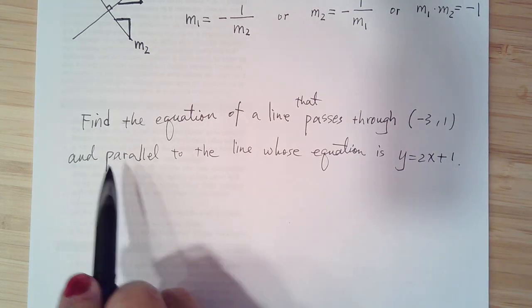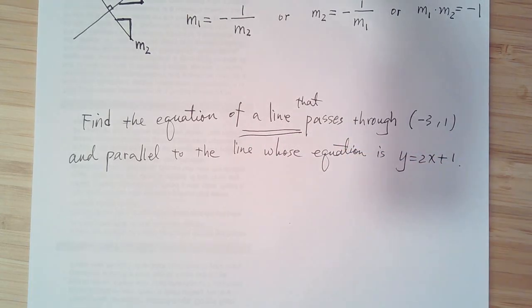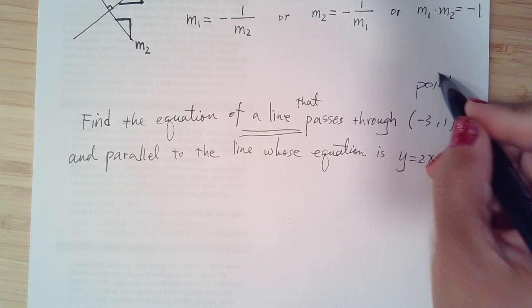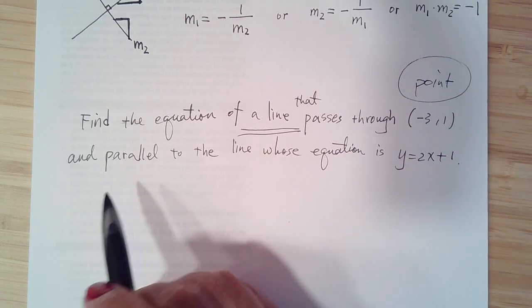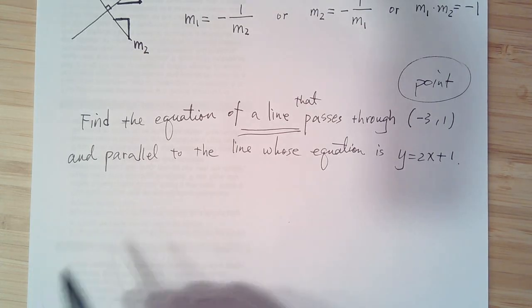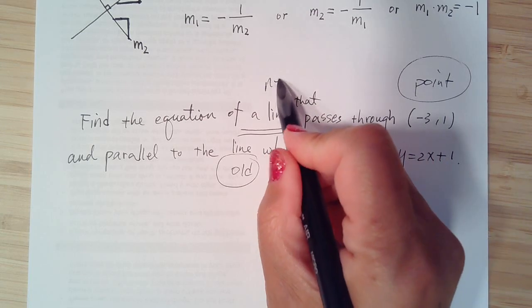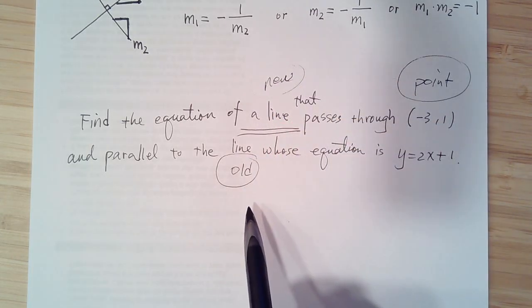So this is a question. We're looking for the new line. We try to find the equation of the line that passes through this point, and is parallel. Every time you see parallel, it means they should have exactly the same slope. So this is the old line, and this is the new line. For the old line, which I just call the given line, what is the slope?